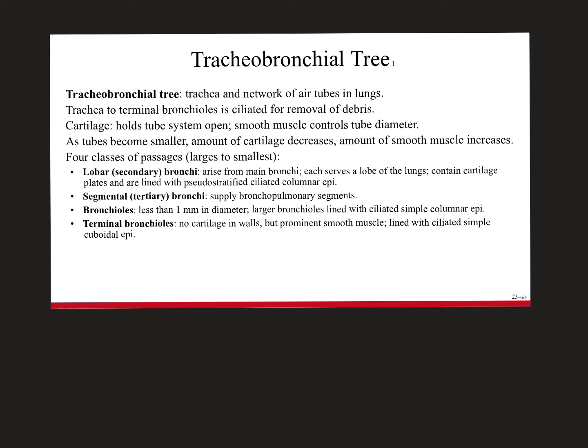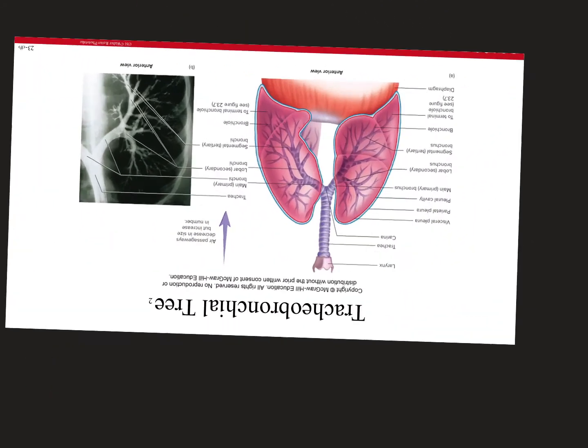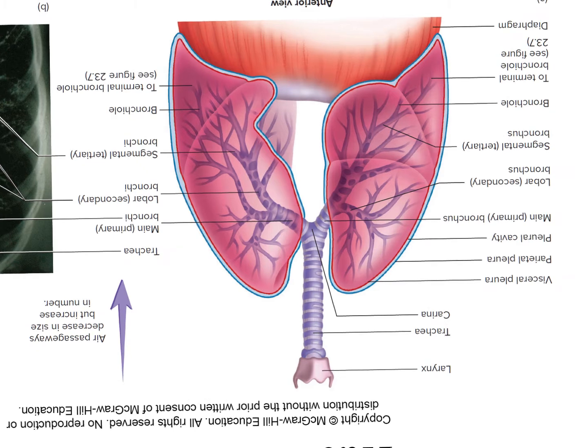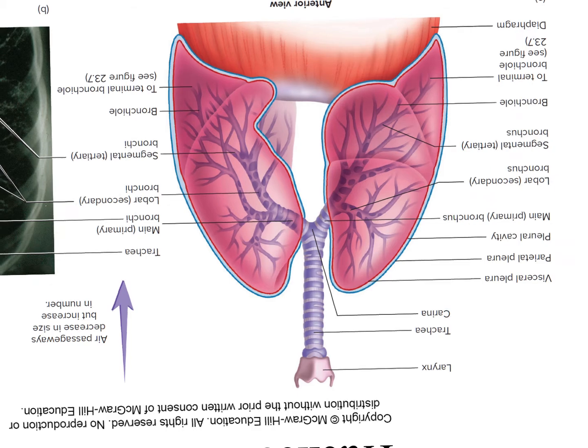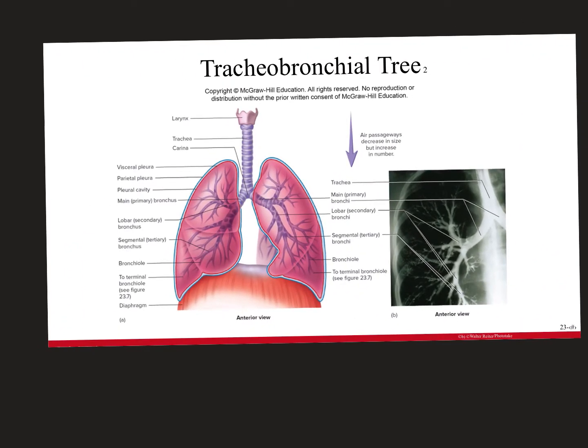Okay? If you turn the lungs upside down, your bronchi actually look like trees. That's why we call it that. Okay? You need to know the branches of the bronchi.